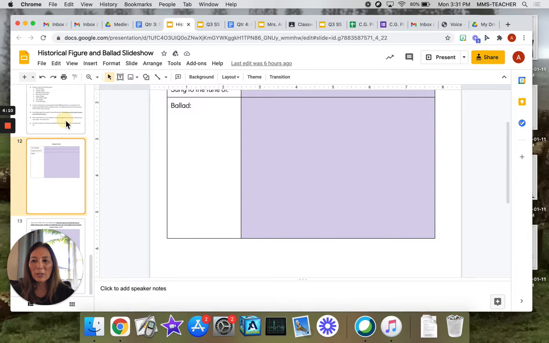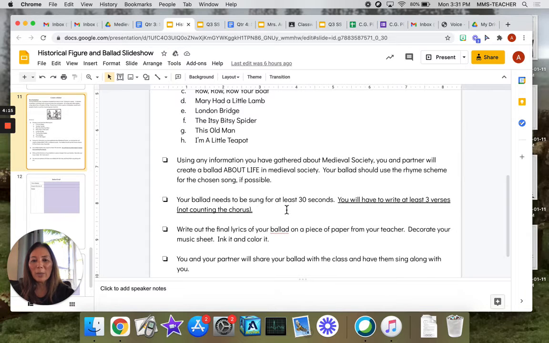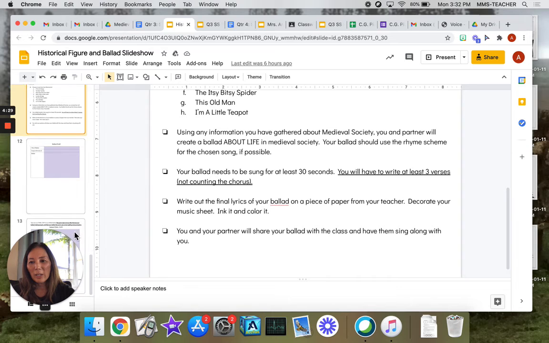And on slide 11, we had some requirements. For example, your ballad has to be at least 30 seconds long when you sing it. And it has to have at least 3 verses, and that's not counting the chorus. And slide 13.